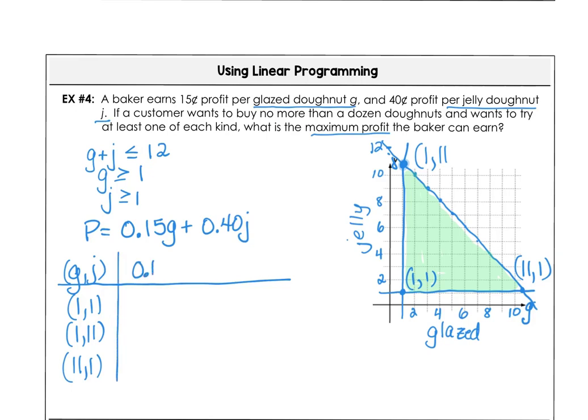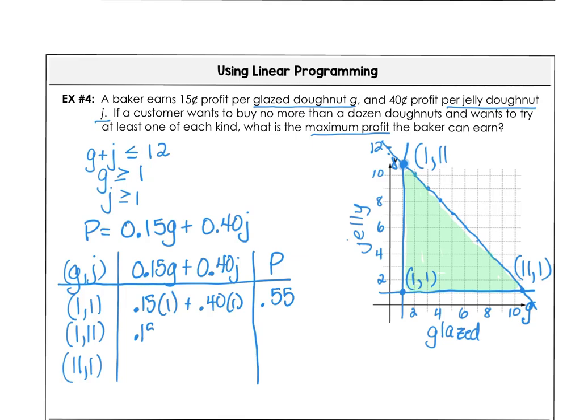Our objective function is 15 cents per glazed, 40 cents per jelly, and that's going to give us our profit. So 15 times 1 plus 40 times 1 is going to be 55 cents profit. Then 15 times 1 plus 40 times 11 would be 455.